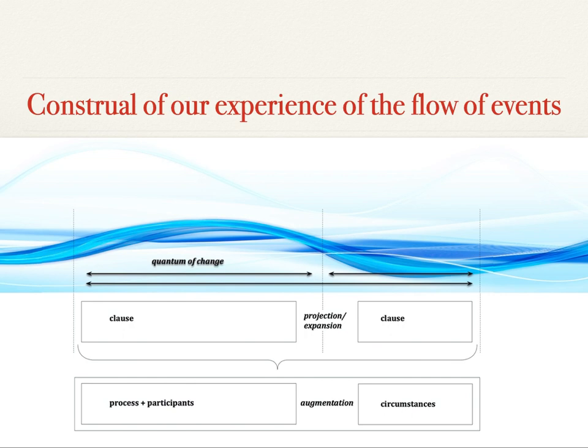But alternatively, they might have been construed as a single clause with a process plus 1, 2, or 3 participants augmented by circumstances. So there is considerable play in the grammar. The system of transitivity, together with the system of taxis for forming clause complexes or clause nexuses, allows us to provide alternative ways of construing the flow of events into quanta of change.